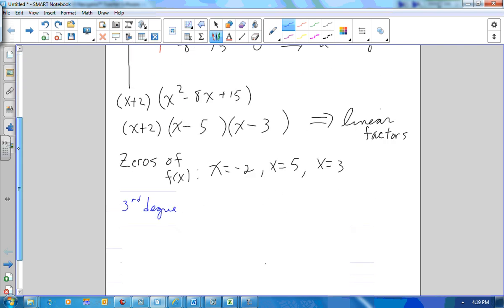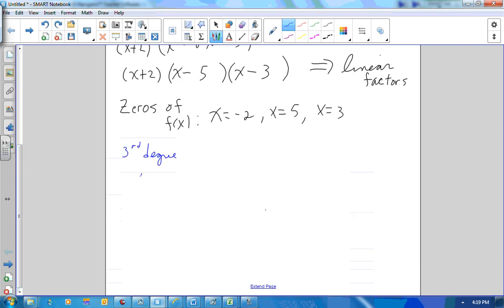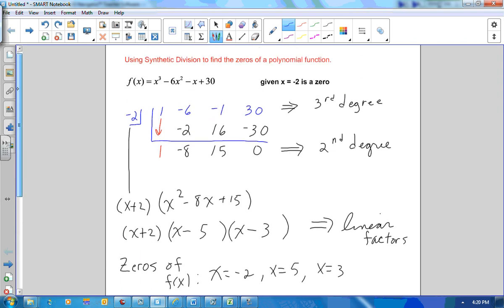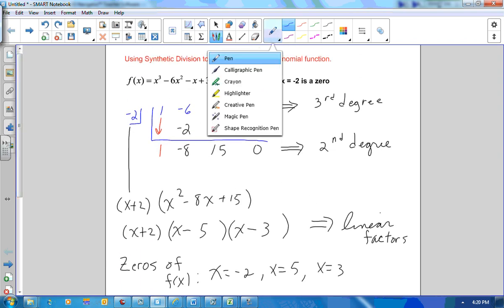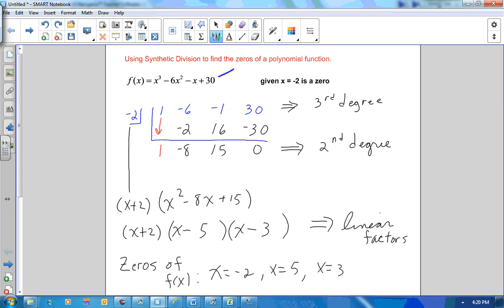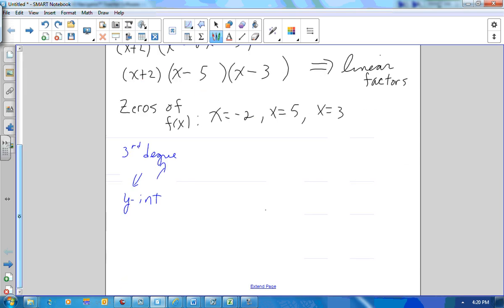So the lead coefficient was a +1, so I know the end behavior is going to look like this. I also want my y-intercept for the graph. Now, I could let x be 0 and plug it into the factor form, but it's much easier to go back here to my original form because my y-intercept is just the constant on the end. So I've got my y-intercept is 0, 30.